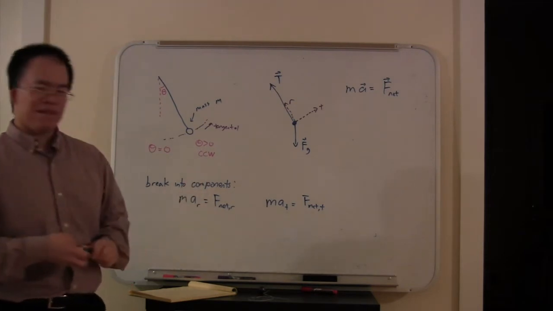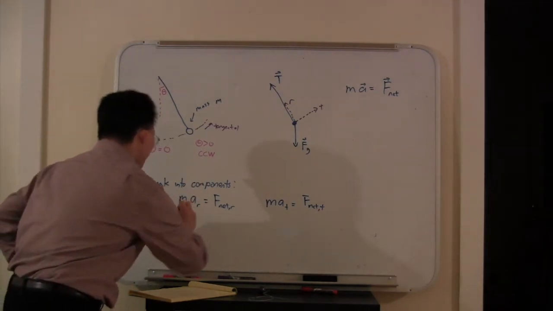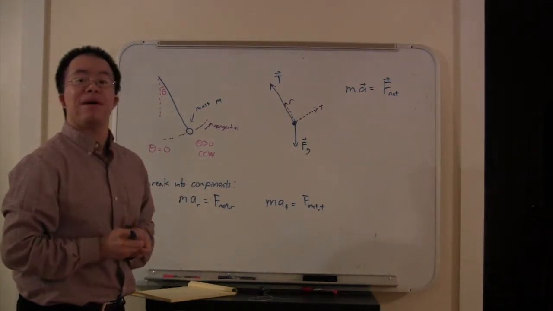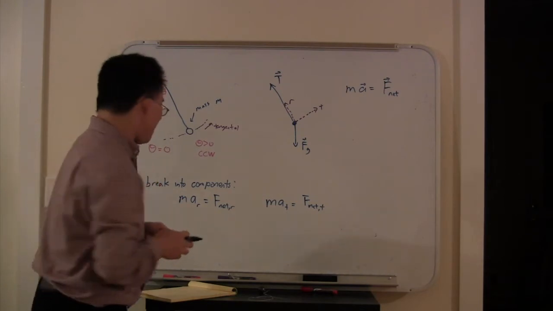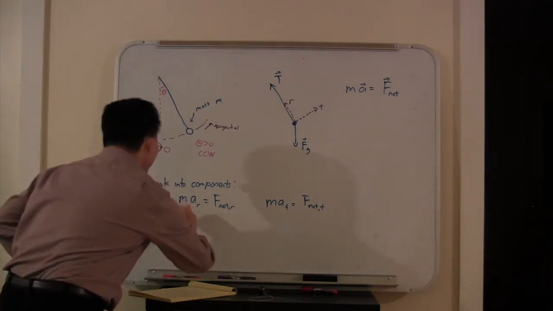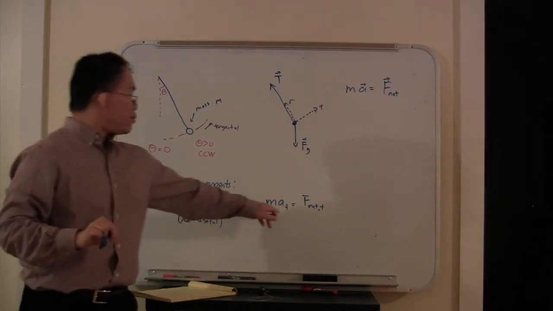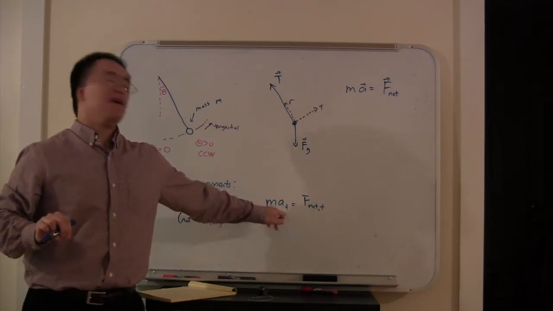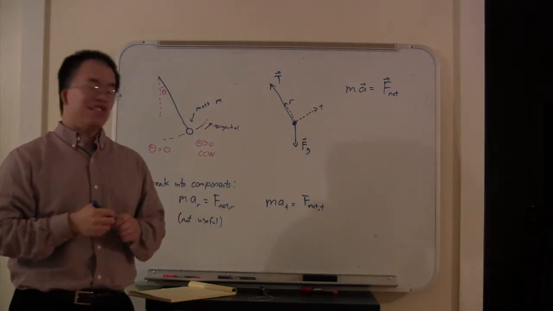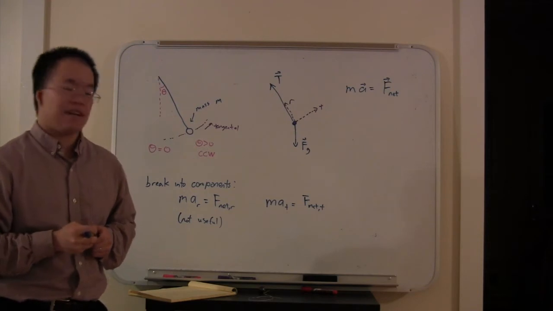But that's not really going to be helpful for deriving the pendulum equation of motion. Instead, what we're going to do is focus on the tangential component of Newton's second law.